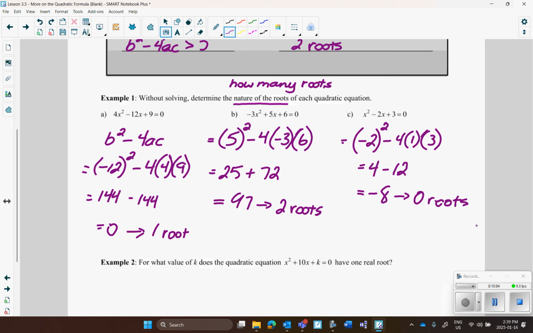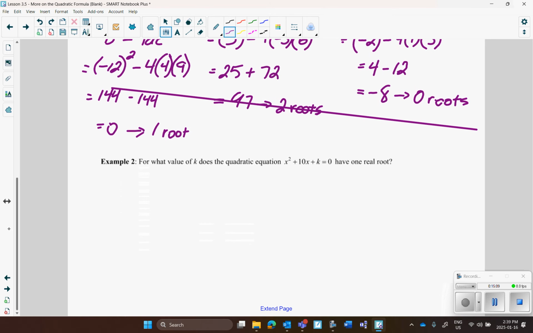And this last one, just sort of a little twist on the discriminant, make you think a little bit. What value of k will this equation have one real root? Somehow I have to use the discriminant.